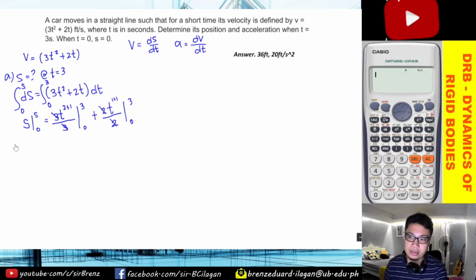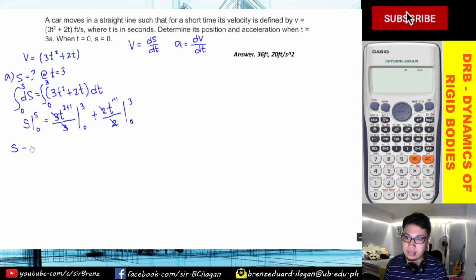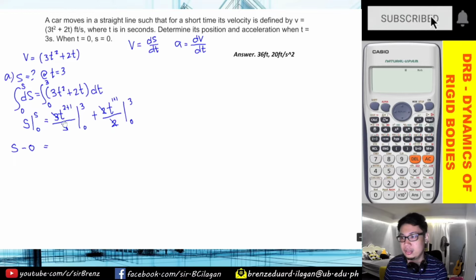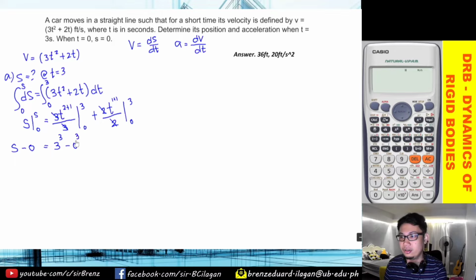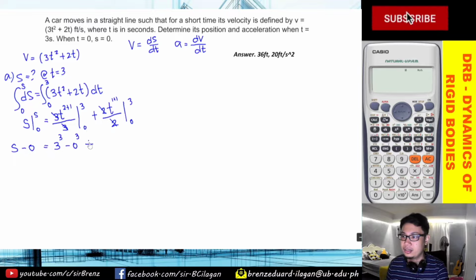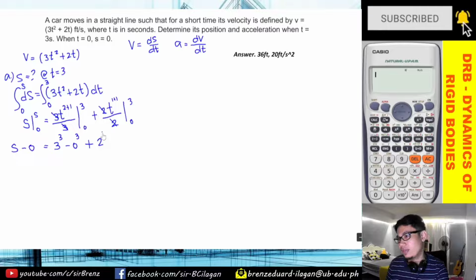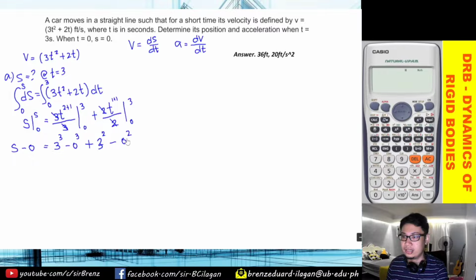So substitute the value, so this will be s minus the lower limit, which is 0. And then ito, this will be 3 raised to cube minus 0 cube. Ito naman, kahit hindi na pala natin isulat, plus 2, plus 3 squared and then minus 0 squared.